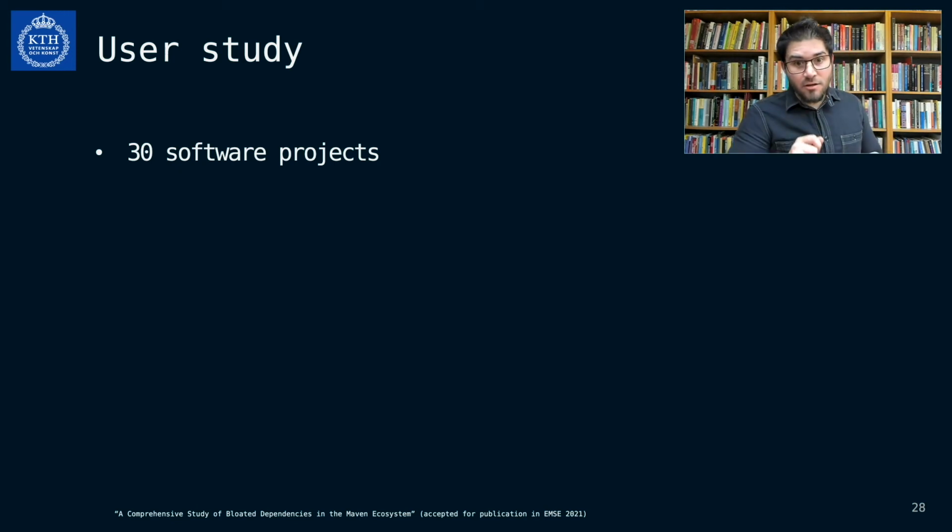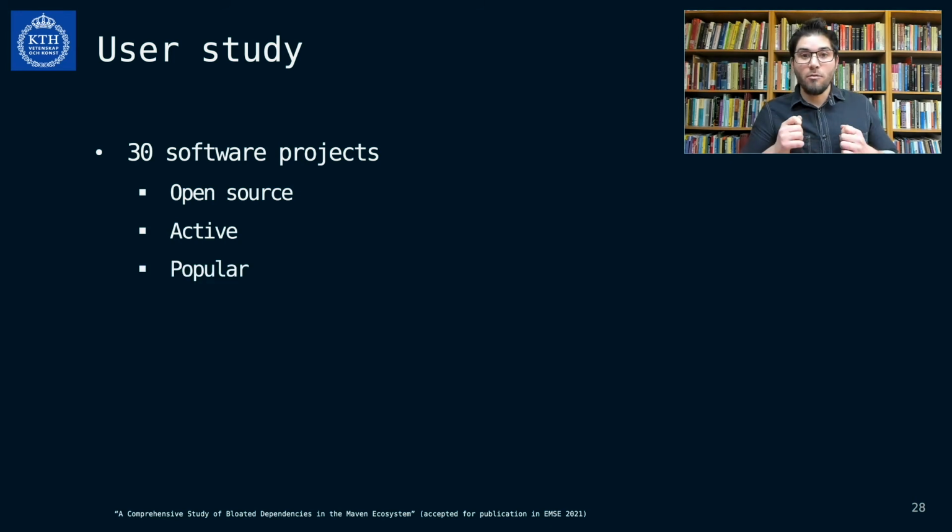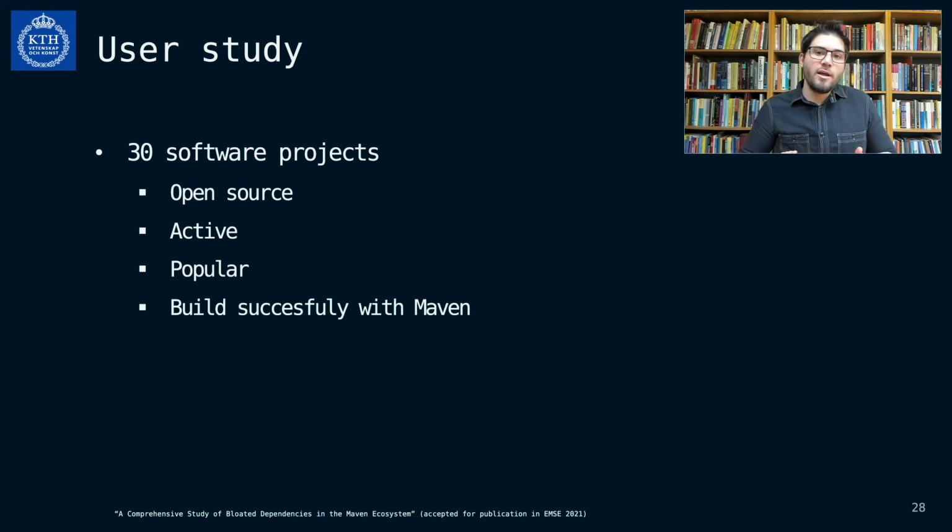For the selection of these projects, we followed several criteria, such as they must be open source, they should be active on GitHub, also popular, which means that they have at least 100 stars. We know that stars is a common criterion that means that projects are popular.